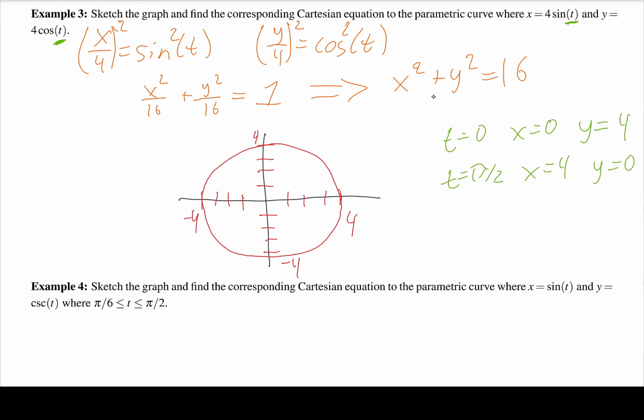So I just went from 0, 4, which is right here, to 4, 0, which is right here. So I know that the direction I'm traveling in is going to be this direction. And we'll just keep on going around this circle over and over again, like Nelly would say.